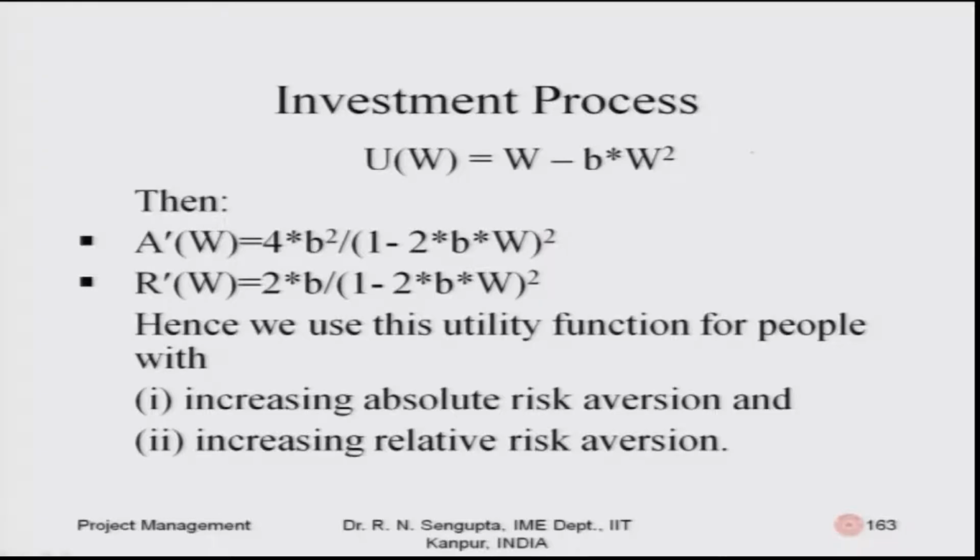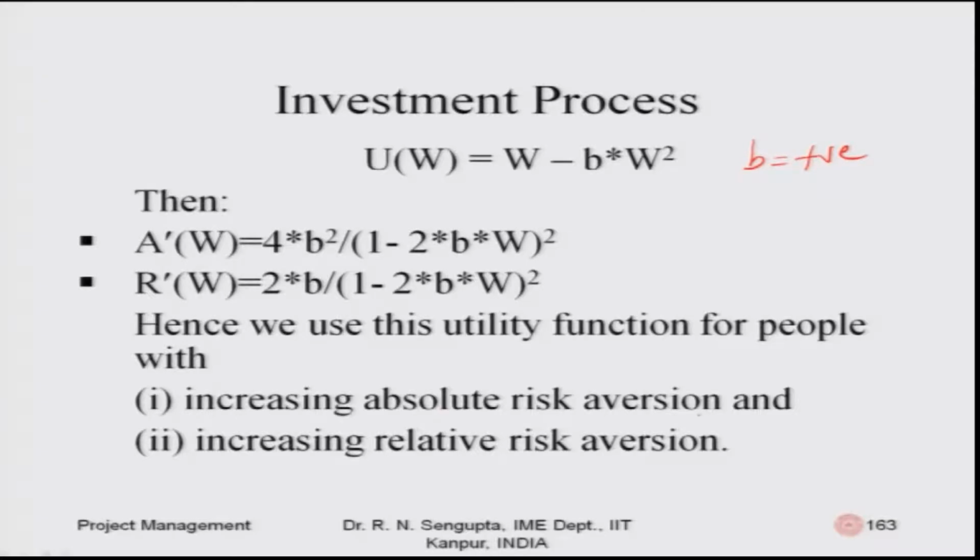Now, whether b is positive or negative does not matter. The numerator is always positive because it is a square, and the denominator is also positive because it is a square. So, without going into the details, you can immediately say that it has an increasing absolute risk aversion property.